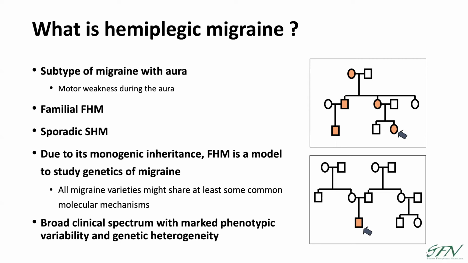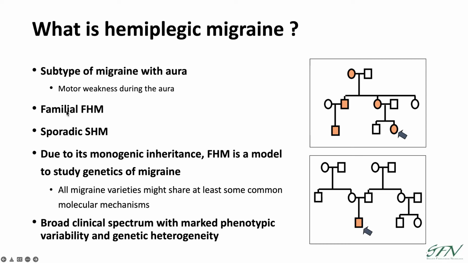And it can also be sporadic, called SHM, when the patient is the only one to have hemiplegic migraine attacks in his family. The parents are unaffected. The second-degree relatives are also unaffected, and they may have migraine without aura, but nobody has hemiplegic migraine except the index case.